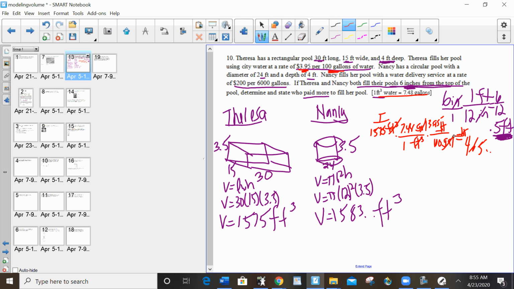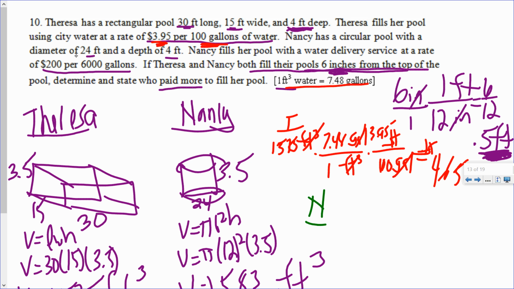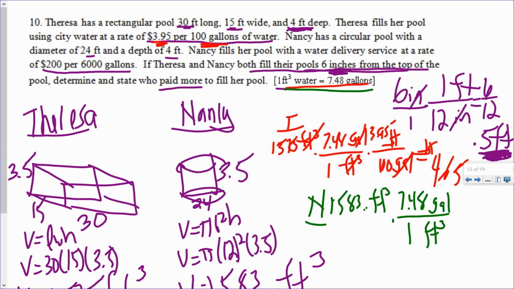All right, now let's do Nancy. Let's put an N for Nancy. I know we're a little tight on space here, but it is what it is. So she's starting with 1583 dot dot dot cubic feet. So again, I start at the bottom here. Cubic feet is going to gallons. 1 cubic foot is 7.48 gallons.